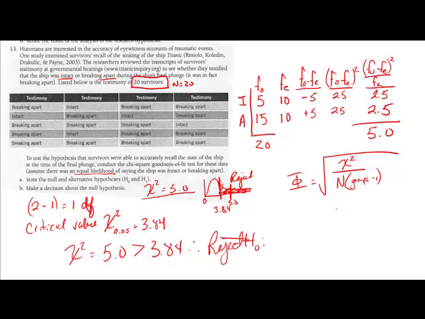So that is going to be 5.0 divided by, our n was 20, our groups was 2 minus 1, that's a 1, so 5 divided by 20. 5 divided by 20 is 0.25. Double check the calculator. The square root of 0.25 is 0.5.